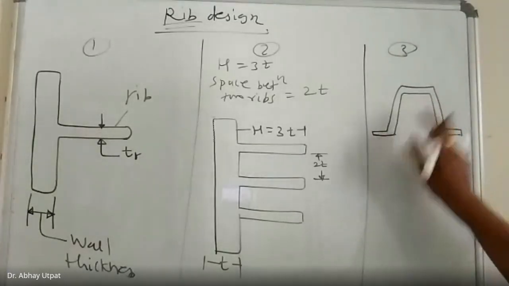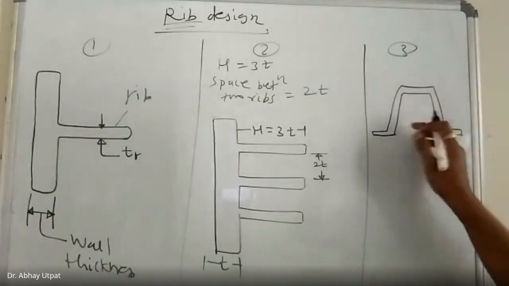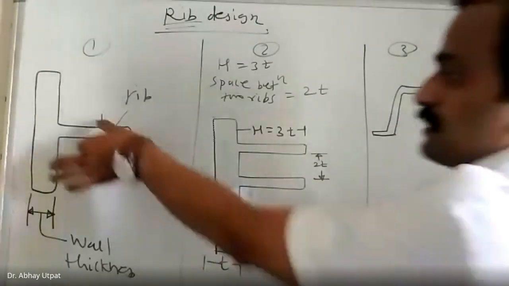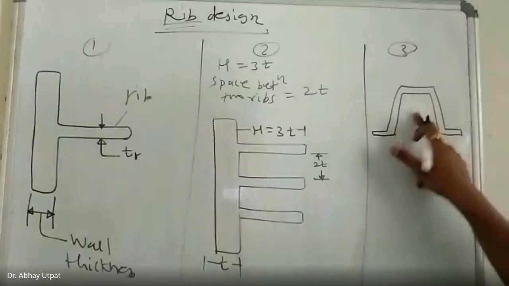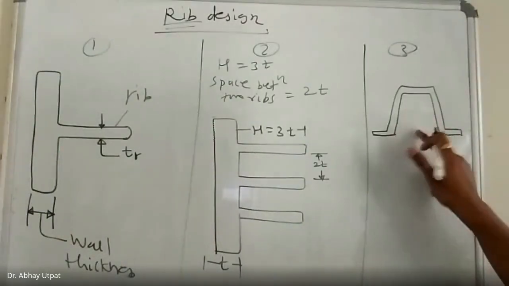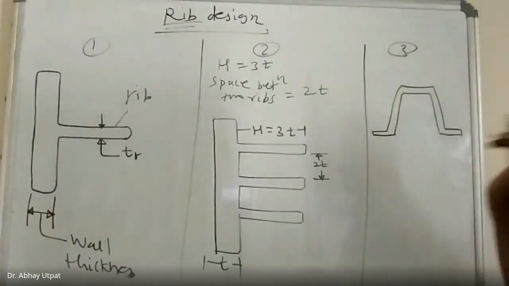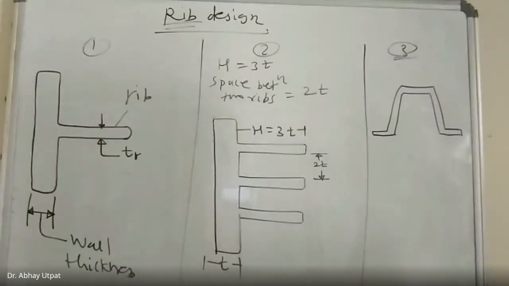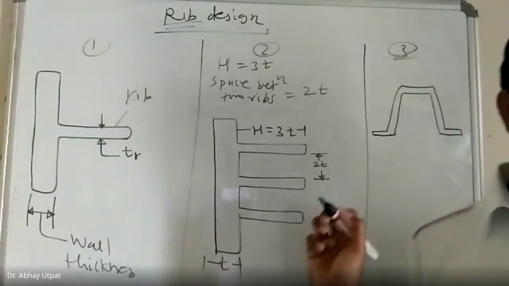This is a rib, and it is cored out from the back. Instead of making this thick, if you find this rib thickness is more and wall thickness is less, it is made hollow in this way, to maintain minimum wall thickness.